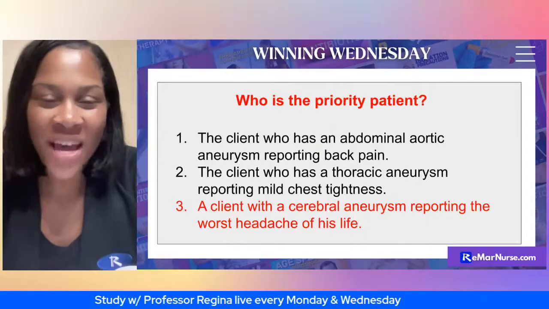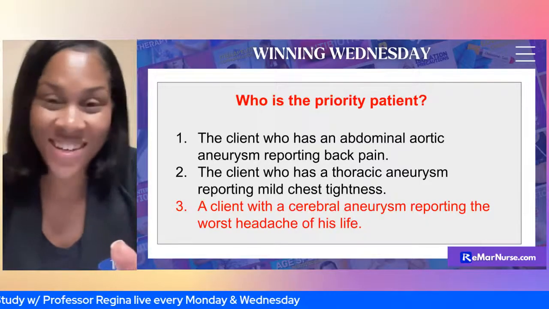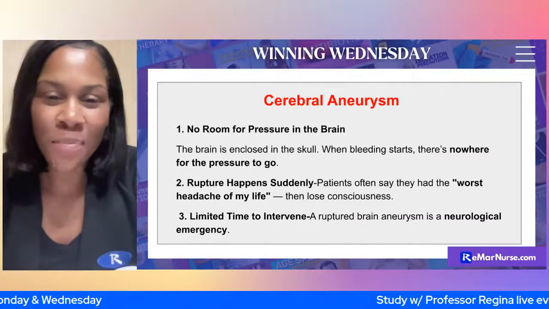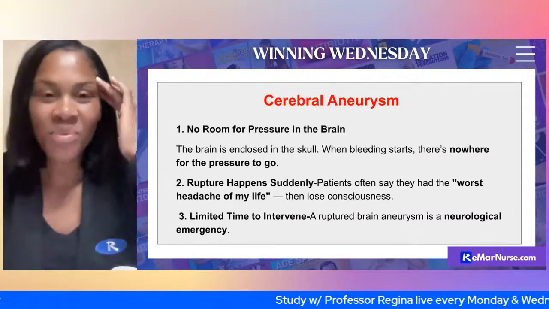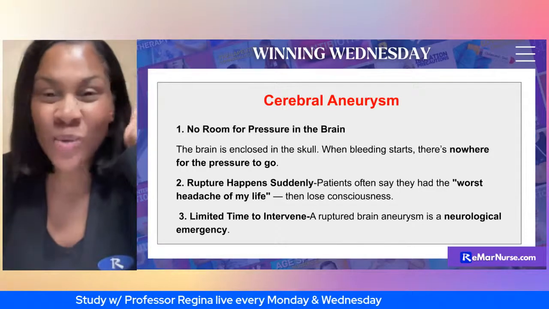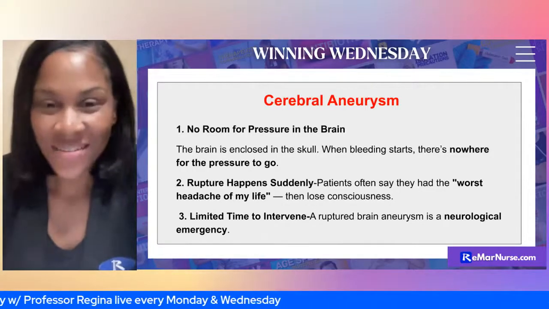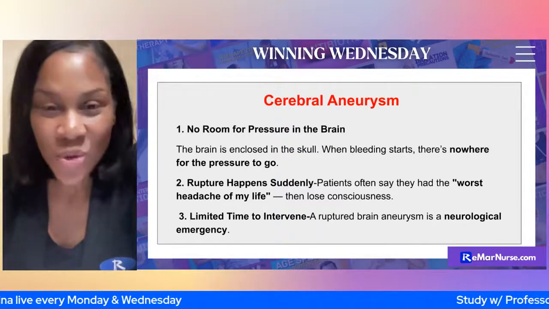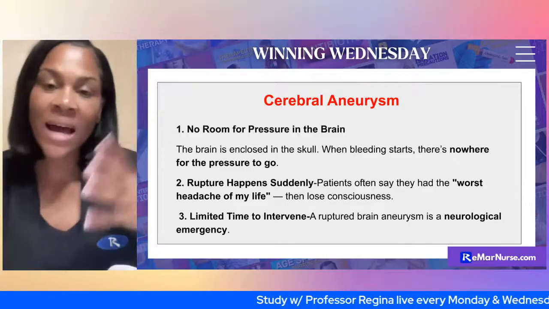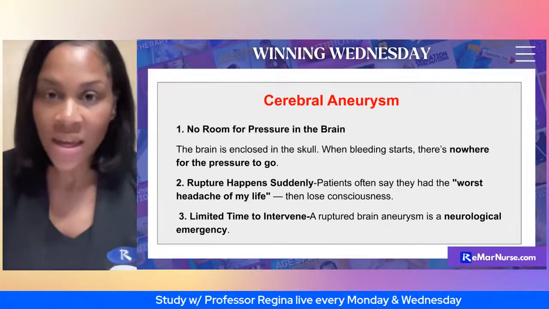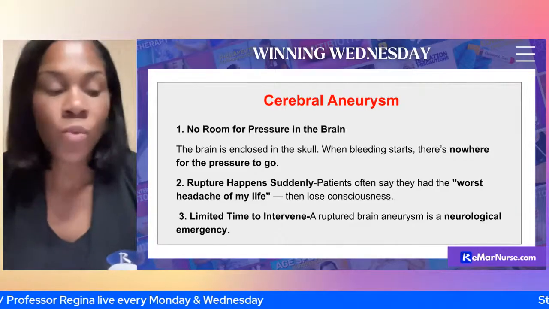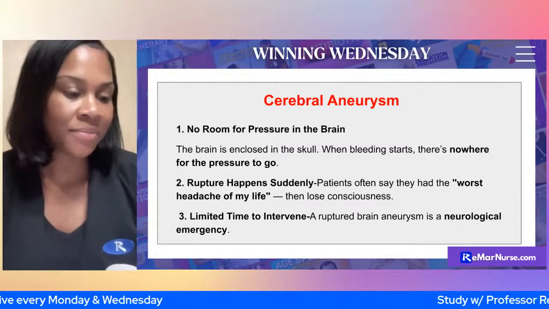The reason why, and just thinking about it, this will make sense when you hear me say it: in the brain, there is the least amount of space for a bleed. There is the least room for pressure to go in the brain. Why? Because the brain is not a free floating organ just in your head. It is inside of what? What is the brain inside of?